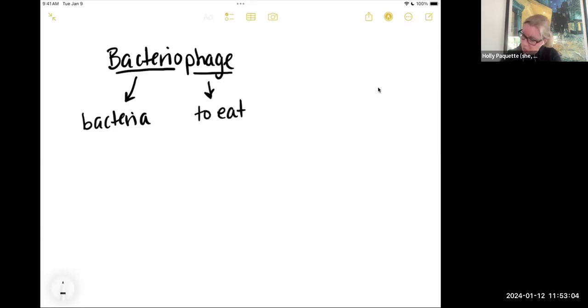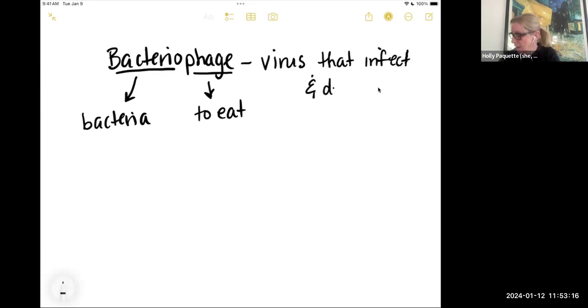That might sound a little bit weird, but bacteriophages are actually viruses that infect and destroy bacterial cells. And they're specific for bacterial cells, so they don't do damage to human cells.